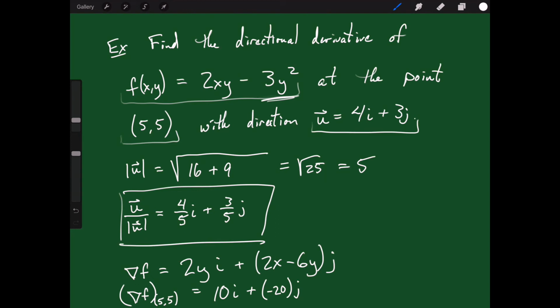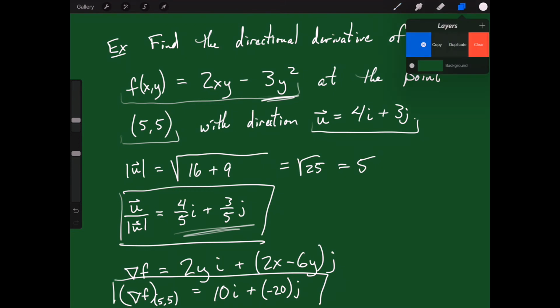Okay, so the things I need to dot together are this gradient, which is 10i minus 20j, and this unit vector, which is 4/5 i plus 3/5 j. Dot those together, and I will get my directional derivative.